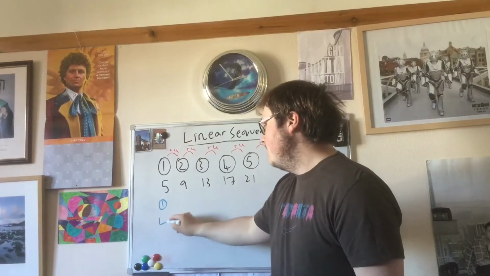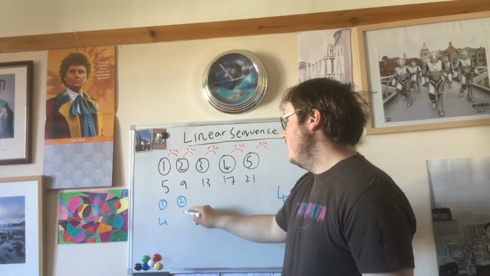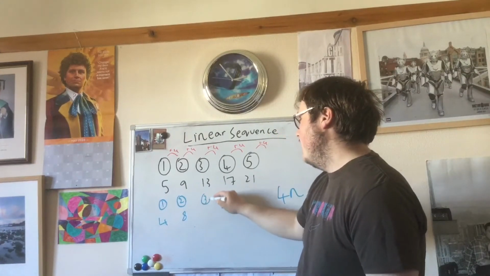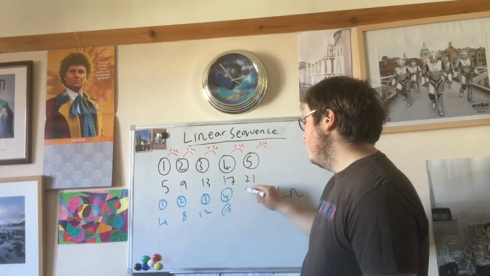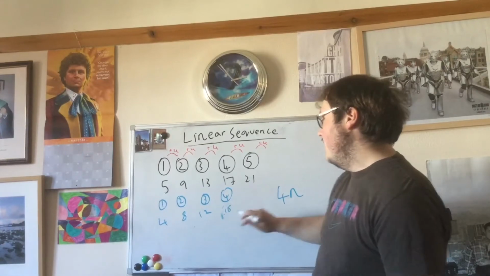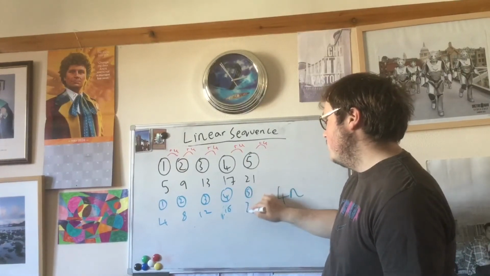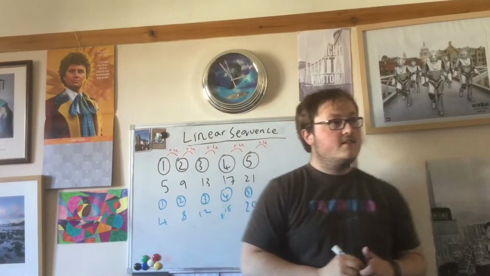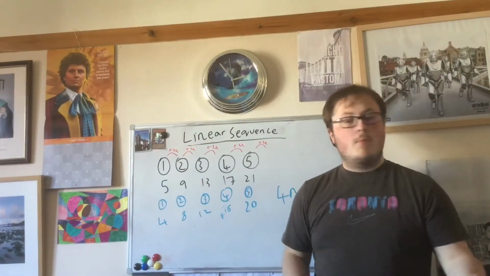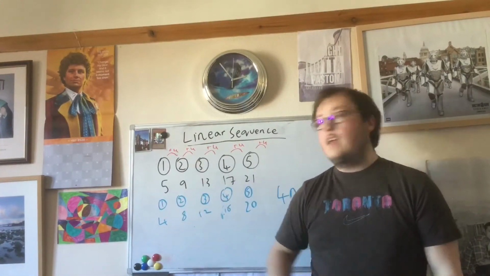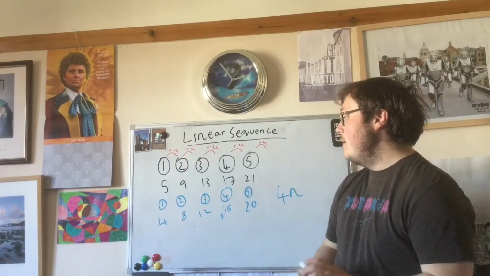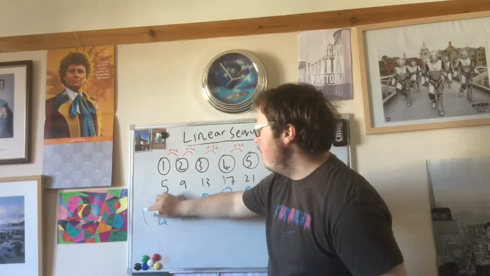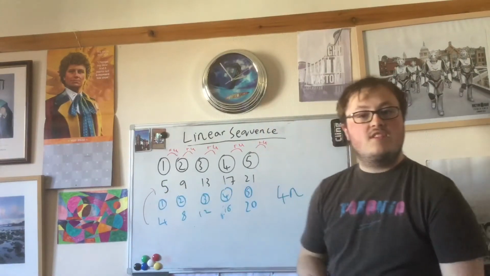So term 1 is 4, term 2 is 8, term 3 is 12, term 4 is 16, and term 5 is 20. So that sequence also goes up by 4, but the problem is they don't match. They're not the same. So my final question is, how do I make 4n match the sequence above?